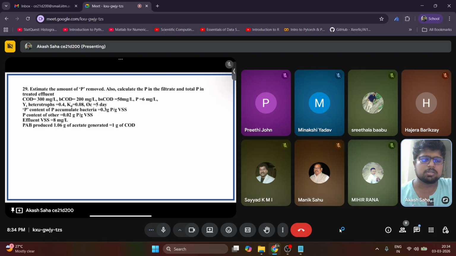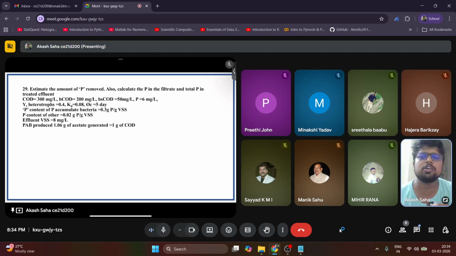That's why the amount of phosphorus that can be taken up by the phosphorus accumulating bacteria is much more than the other bacteria. So we can make a small calculation based on it. I am not going through the calculation, just giving an idea. Also, the amount of PAB, or the polyhydroxybutyrate, that can be formed is based on how much readily available organic matter is present.